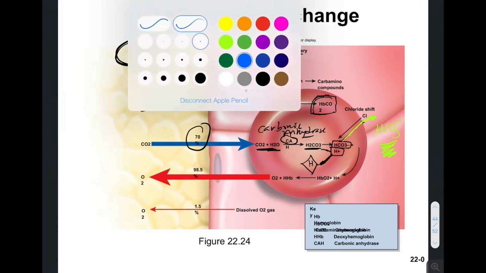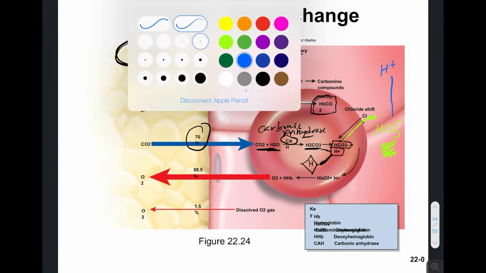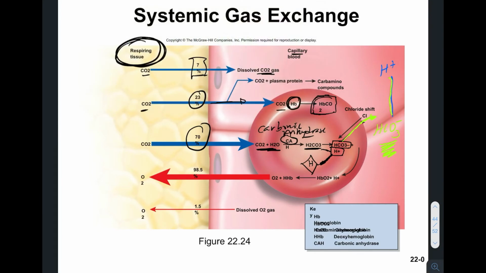The way that works is that if there's an accumulation of acid, H+, inside that blood for whatever reason, the HCO3 can grab it and neutralize it. So it'll grab it, it'll neutralize it, and it'll give us the H2CO3 back again, which now is no longer acidic.